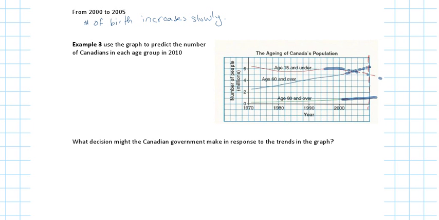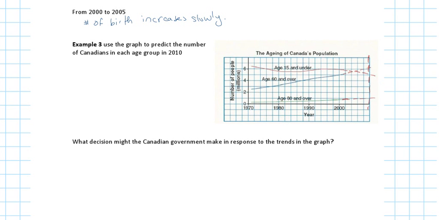Let's write this down. Predict the number of Canadians in each age group in 2010. So, age 15 and under, what do we see? If we're predicting, what we're doing here is we call this extrapolating, guys. Eyes on me. The reason we call this extrapolating is that you are extending the graph following the trend that you see.